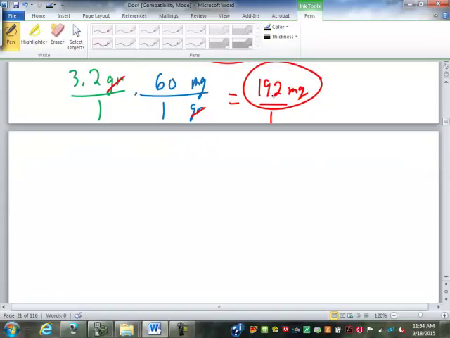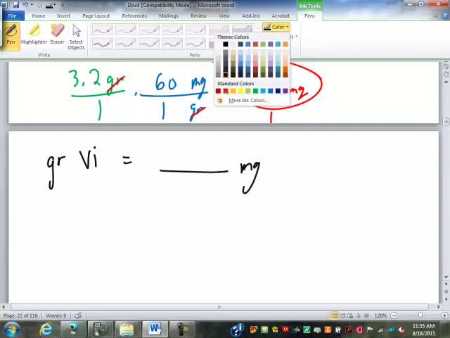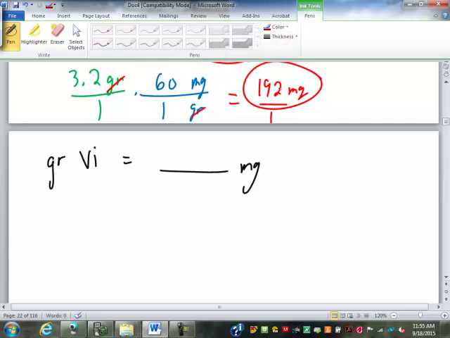Or I might have, not to bring up something from the last unit, but here's something from the last unit. GRVI. What's VI stand for? 6. GRVI is 6 grains.